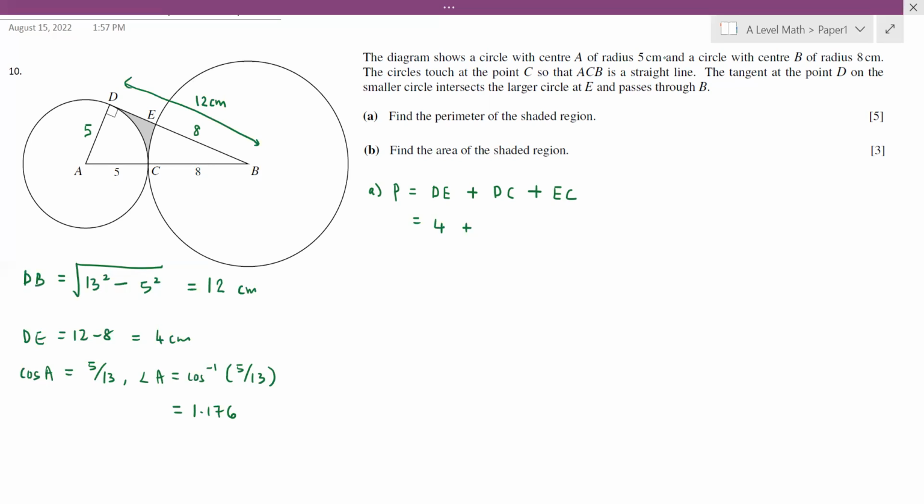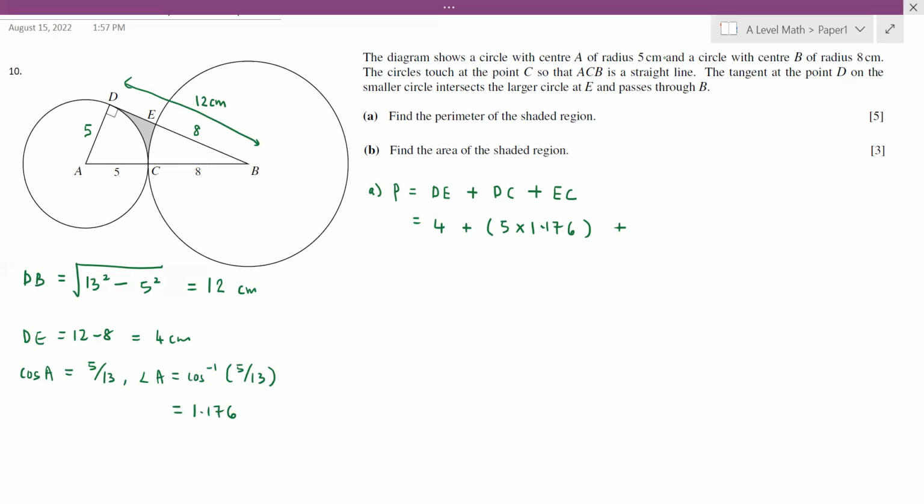Then DC here is given by the product of the radius and angle A in radian. So DC is 5 times 1.176. To find EC, that is just the arc length for circle with center B, we need to find angle B now.